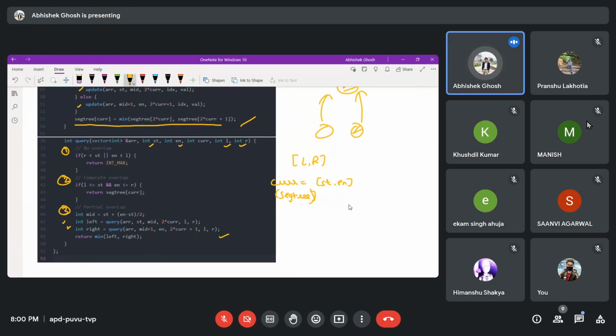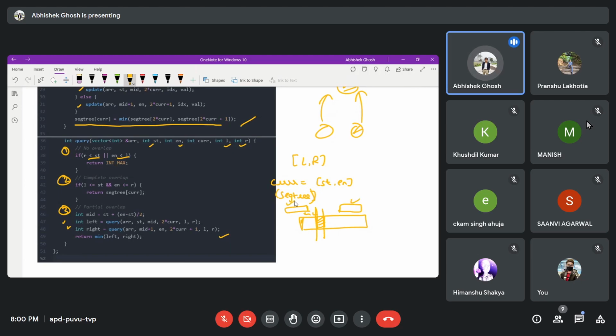So if st is greater than R, let's say our L and R was this, we want the answer for this, and st is greater than R, which means we are ahead of this segment. Or if en is less than L, which means we are behind this L value. So which means we are completely outside of this range, right?